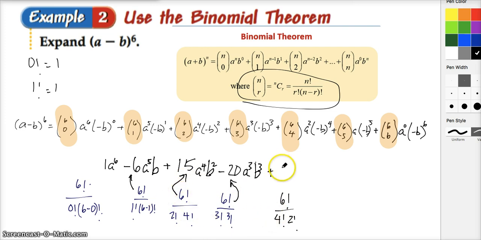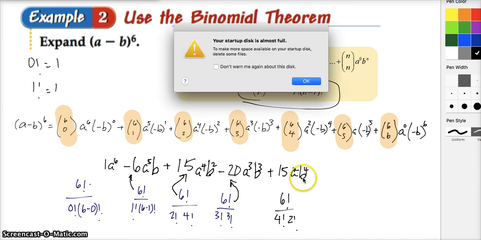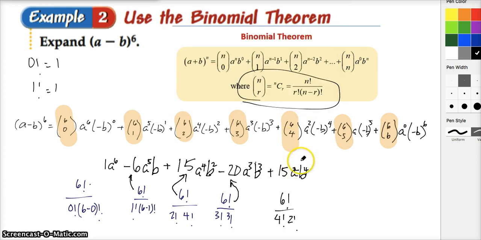So now I know that this is 15, coefficient, a to the 2nd, b to the 4th. The reason why I put b to the 4th there as opposed to negative b is because negative b to the 4th power is the same as b to the 4th power, because it's positive and we dealt with the negative already.